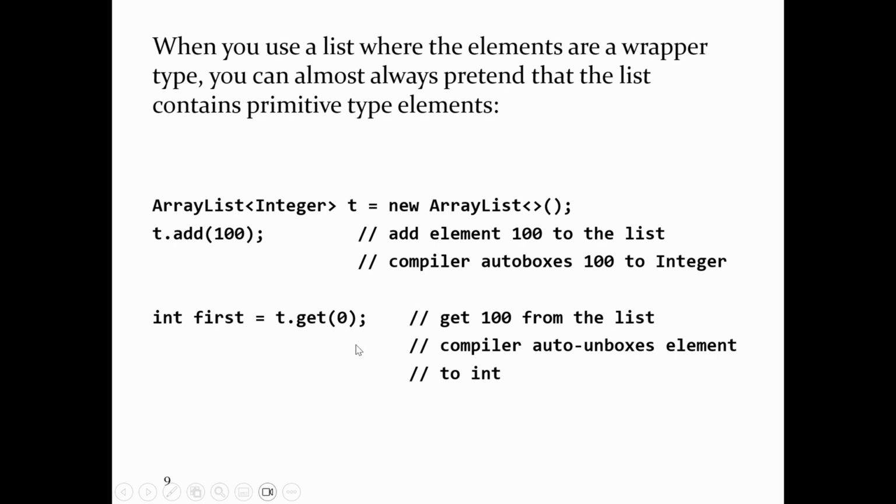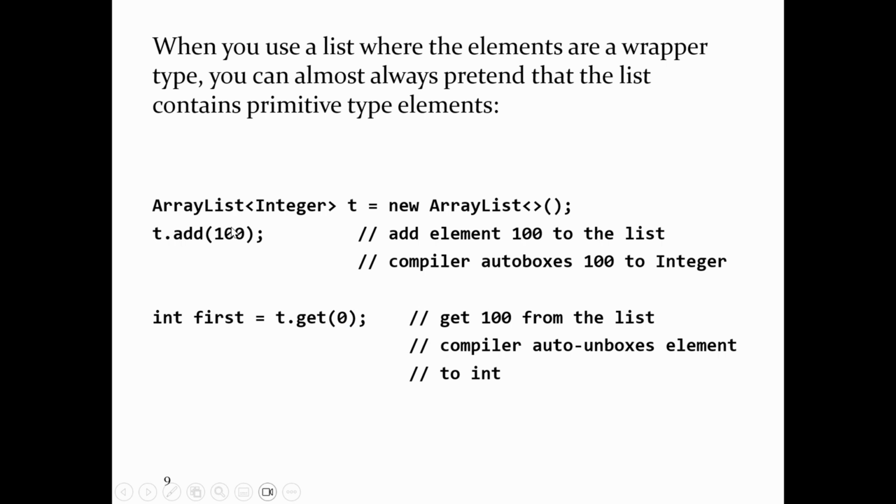If you want to get the first element out of the list, the method is called get. In Python, you would normally use the square brackets. You can't do that with Java. It's an ArrayList in Java. Square brackets are for arrays. So to get the element out of a list, you have to call the method called get, passing in the index 0.